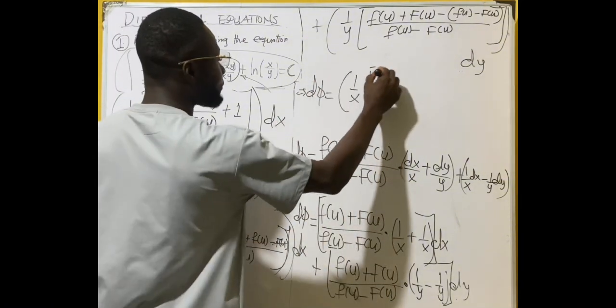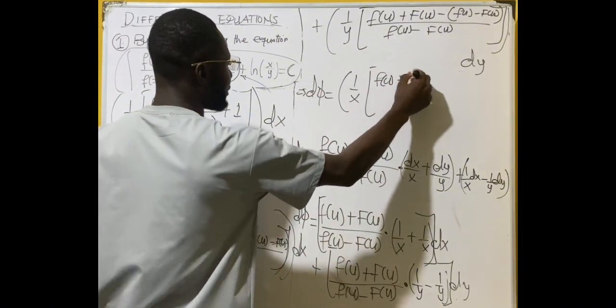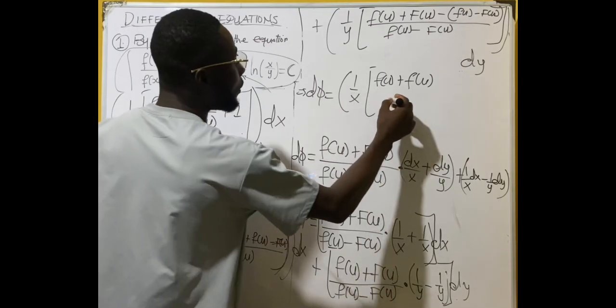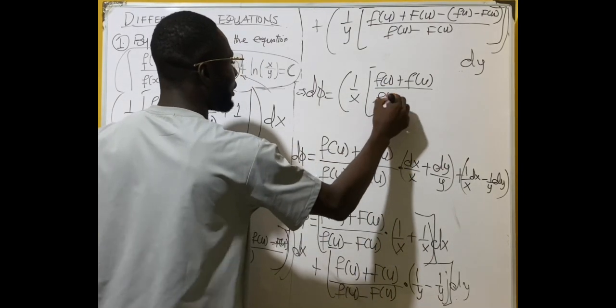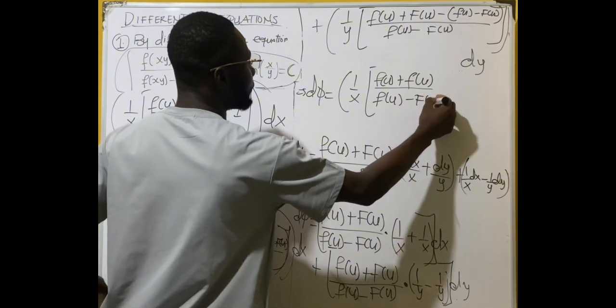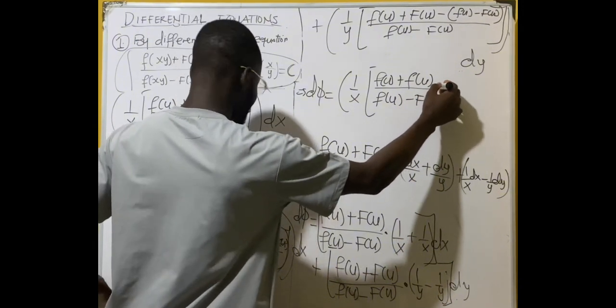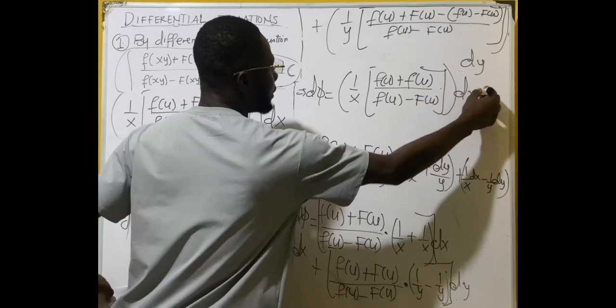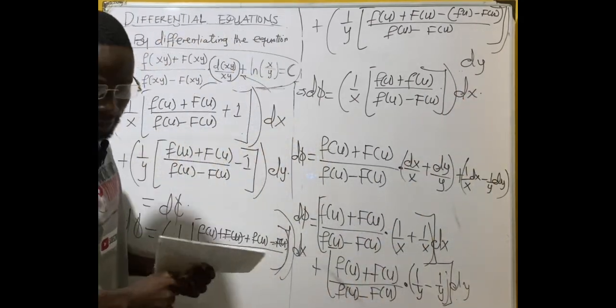So we're going to have f of u plus f of u small, all over small f of u minus big F of u, all dx.